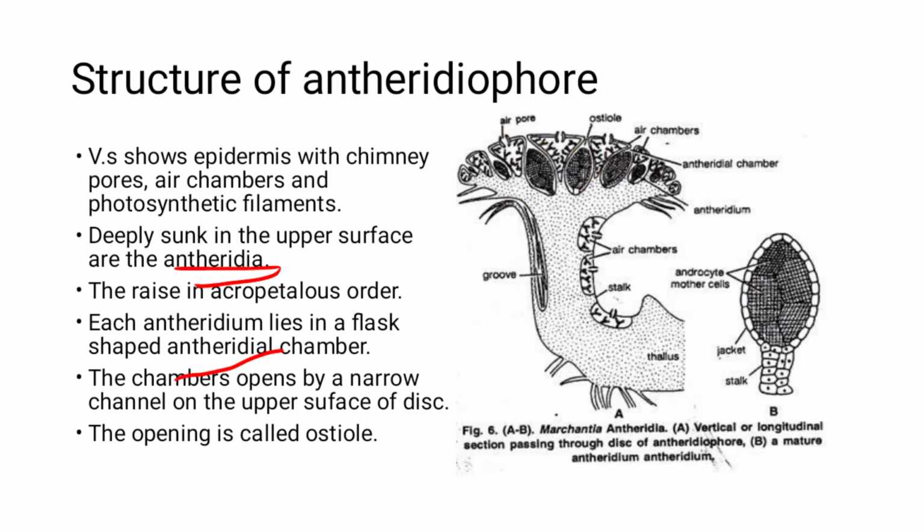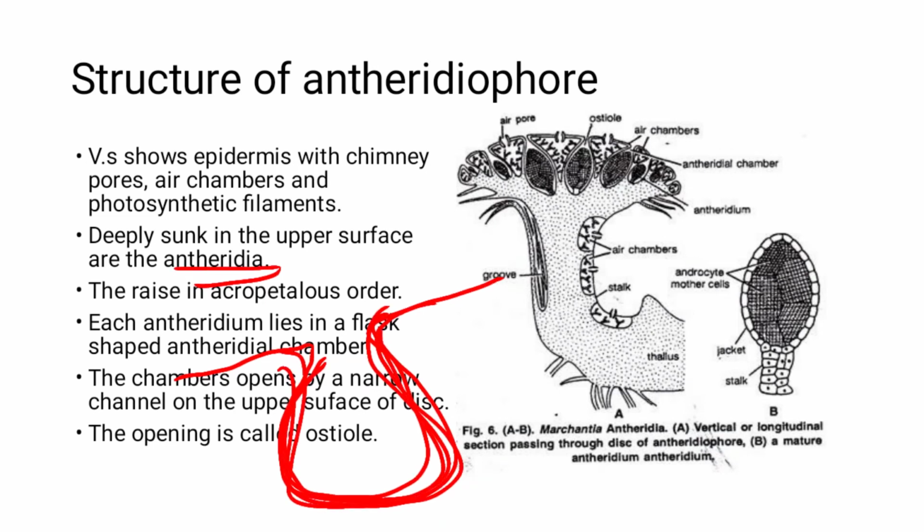The epidermis is single layered and discontinuous, and it is not straight but folded inwards. When it gets folded, it forms a deeply sunken region which appears to be a flask-like structure. In this flask-like structure they develop a specialized small stalked globular structure called the antheridium.